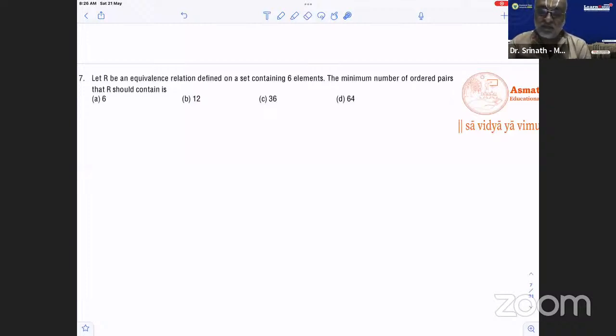So it consists of 6 distinct elements. If you take this as A1, A2, A3, A4, A5, A6, then it will be (A1, A1), (A2, A2), up to (A6, A6). So it will have the minimum number of ordered pairs as 6 only.